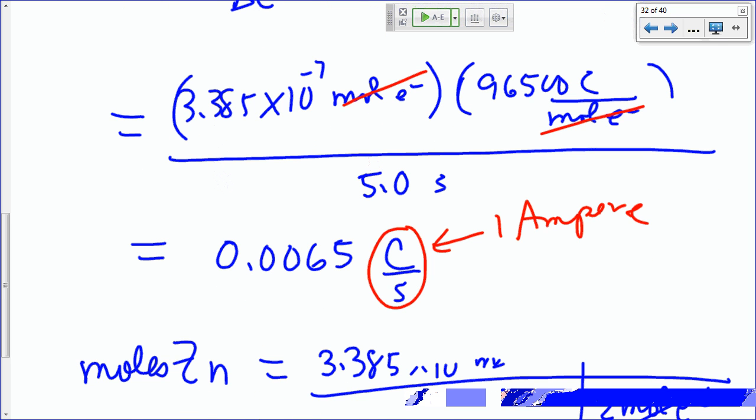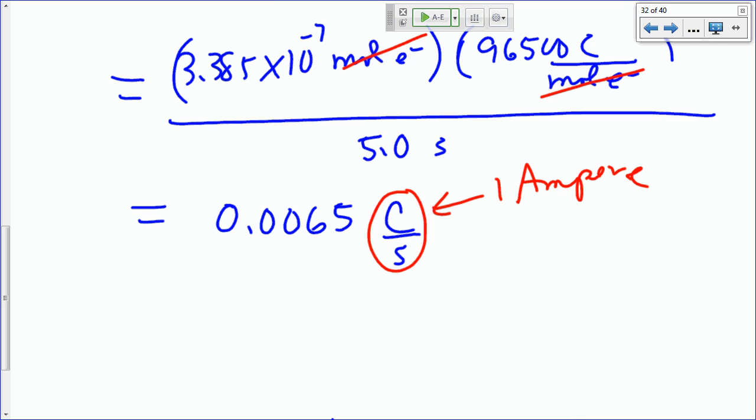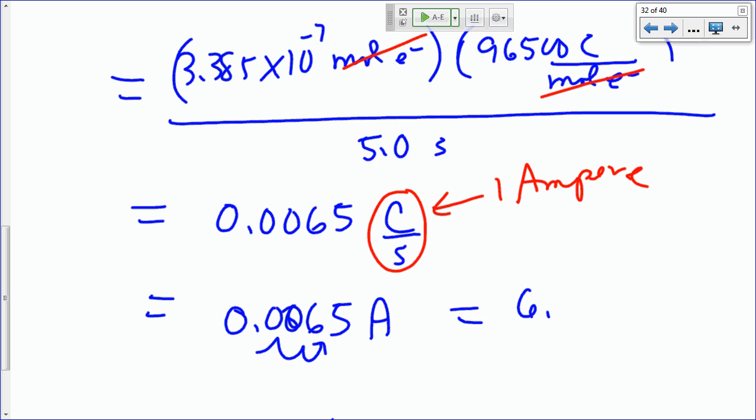So our current here is equal to 0.0065 amps, or 6.5 milliamps. So that's the current that motor is drawing from your battery in order to lift that 10-gram object to a height of 0.5 meter.